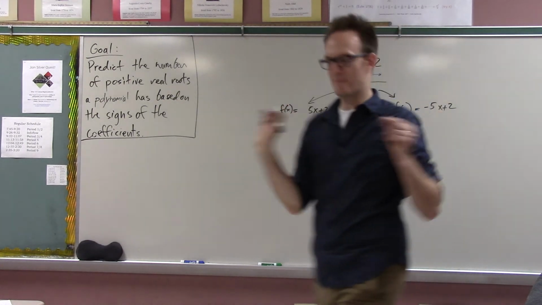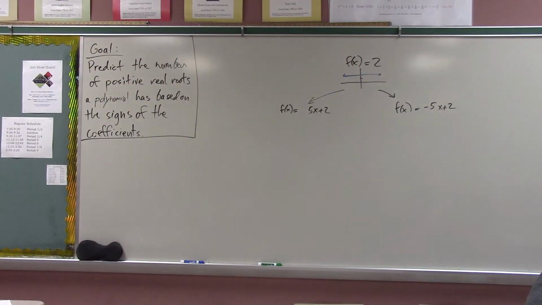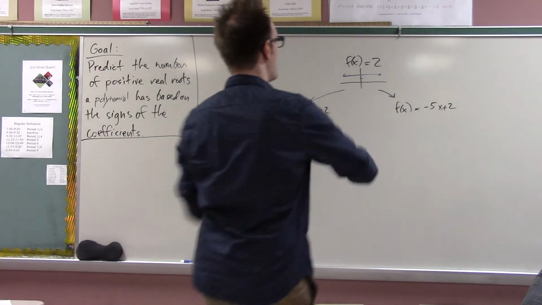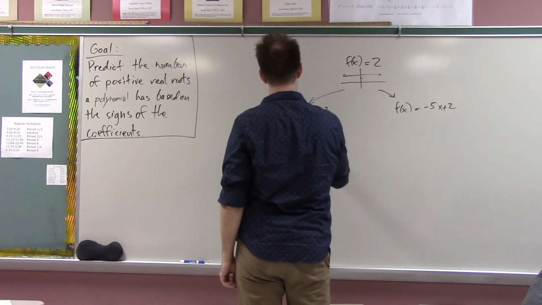Because remember, the overall goal was to learn, based on the signs of the coefficients, how many positive real roots there are. So we have to consider all possible combinations of signs.